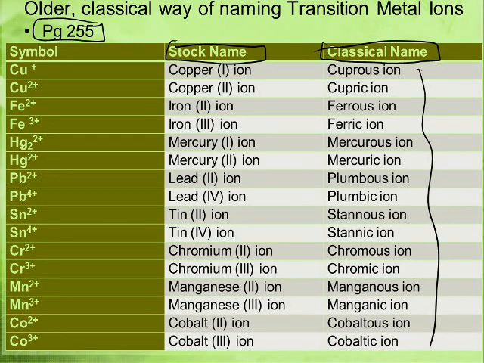So if we're talking about stannous, that's actually tin. Remember, the symbol for tin is Sn. That's stannous. Or plumbous, the symbol for lead is Pb. That's the old way, but they still name chemicals that way, and you'll still get them that way.